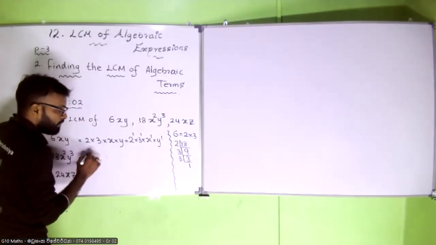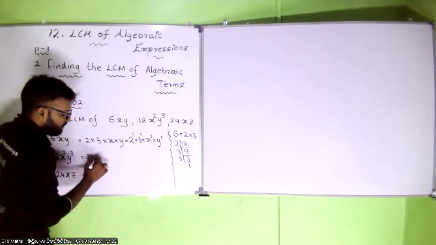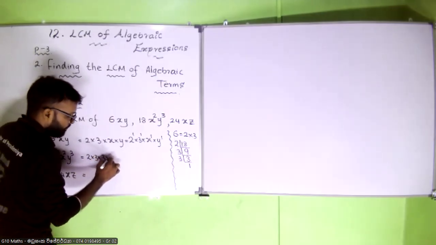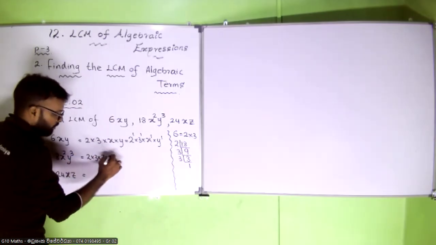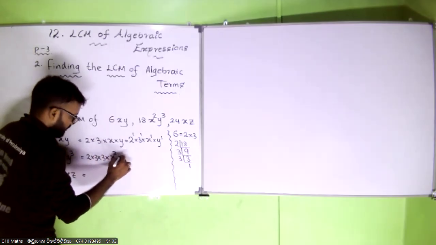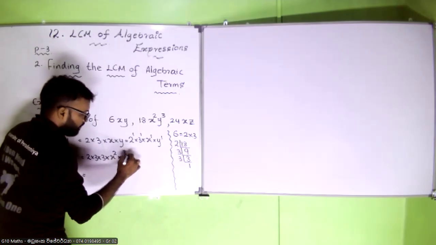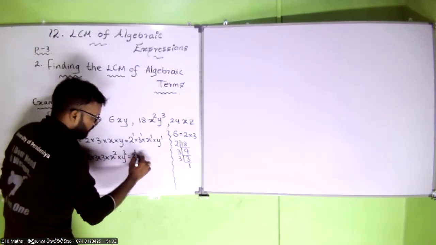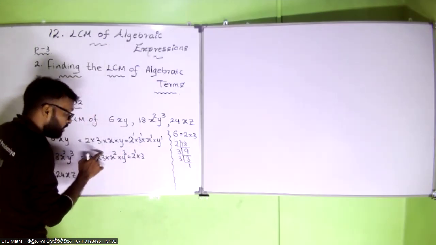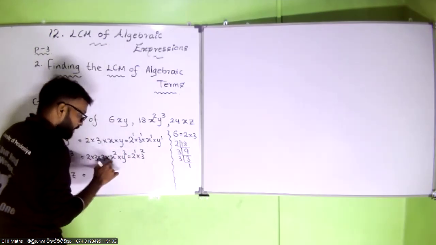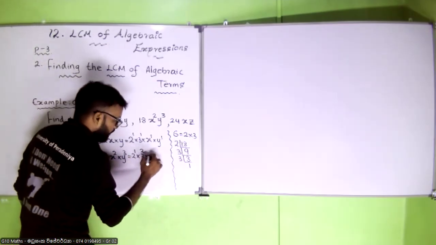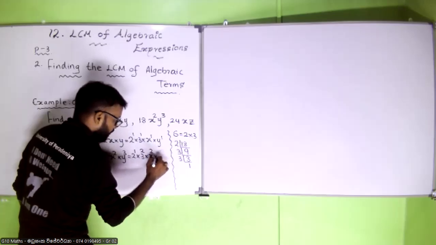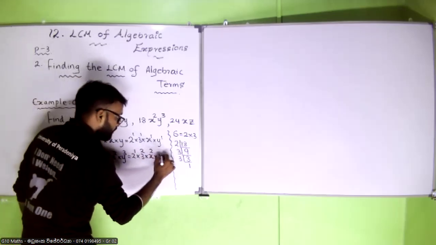So 18 can be represented as 2 times 3 times 3, x to the power 2, and y to the power 3. So finally 2 to the power 1, 3 to the power 2, multiplied by x to the power 2 multiplied by y to the power 3, right?